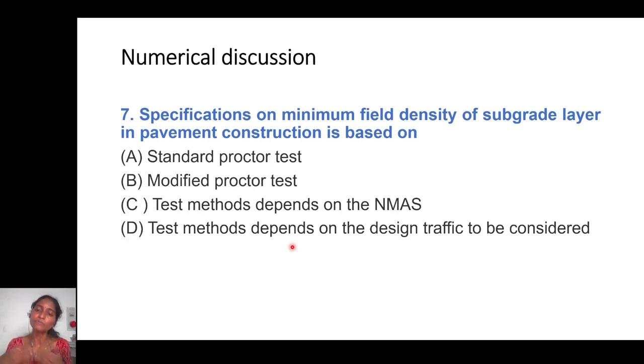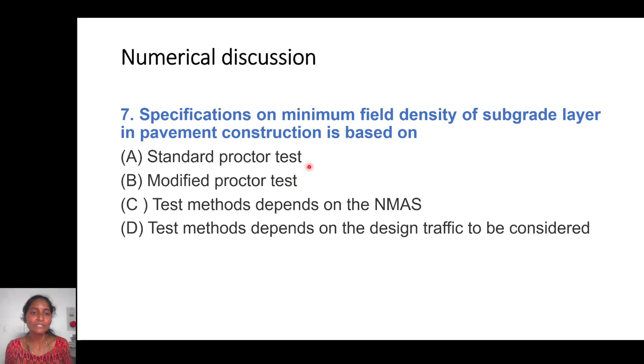As you move down, the importance decreases, because the stress is distributed over a larger contact area. So we use cheaper materials at the bottom and more effective materials at the top. For the subgrade layer, there is a specification that a minimum field density of 97%, 98% should be achieved.